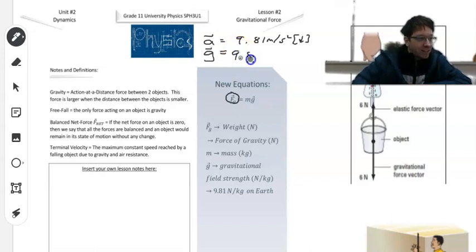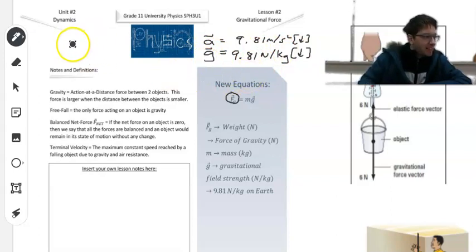We're going to write it as 9.81 newtons per kilogram. Now, a newton per kilogram is the exact equivalent unit of a meter per second squared. But in this chapter, we are going to be using these units, and I'm going to refer to this as the gravitational field strength.